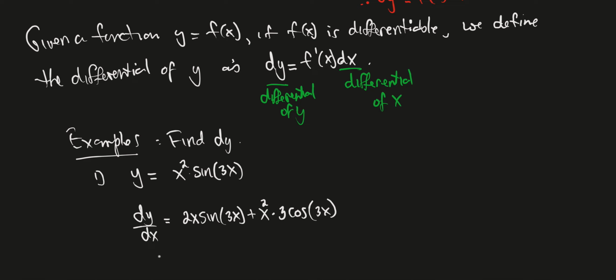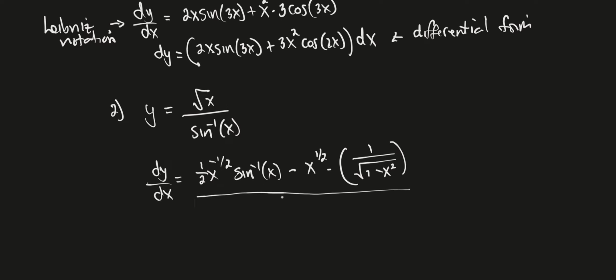So the derivative of the numerator is 1/2 times x to the negative 1/2 times the denominator, so that's arc sine of x, minus the numerator, so that's x to the 1/2, times the derivative of the denominator, and if you remember, that's 1 over the square root of 1 minus x squared, and then it's all over the denominator squared.